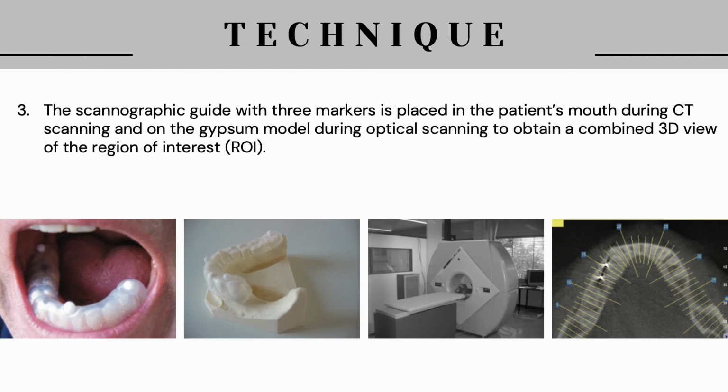Third, the scanographic guide with 3 markers is placed in the patient's mouth during CT scanning and on the gypsum model during optical scanning to obtain a combined 3D view of the region of interest, as you can see in the picture.